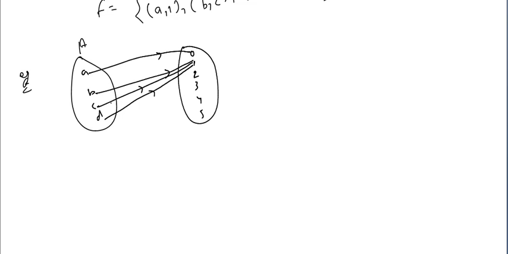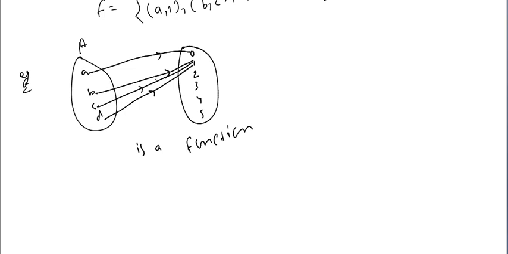Now consider, is it a function or not? It is a function, because see carefully, a has a unique image in set B, that is 0. b has a unique relationship with an element of set B, that is 1. a, b, c, d all have a unique image, not multiple images. Do not be confused.